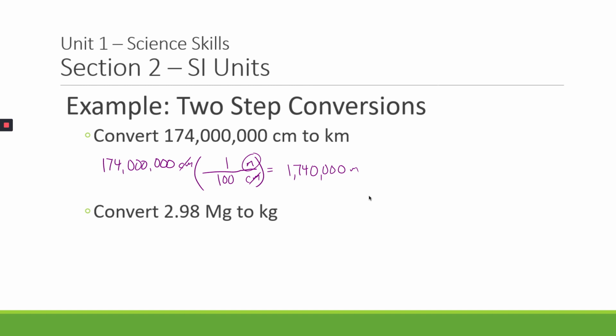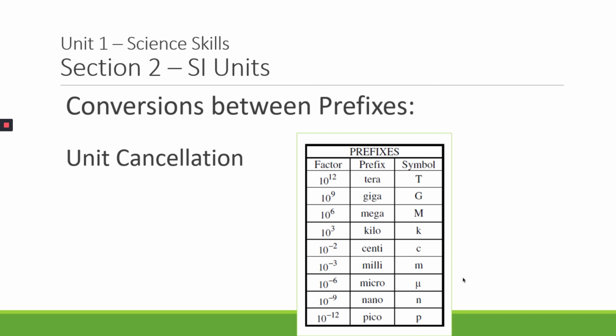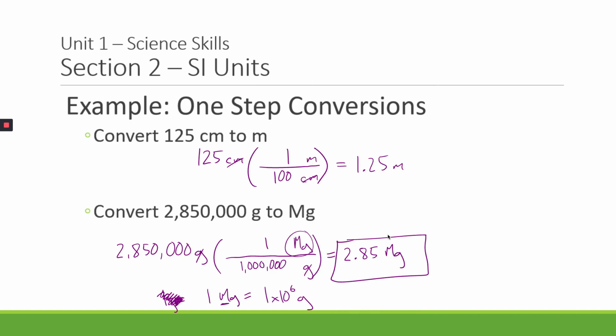I want to find out how many kilometers that is. So again, new open conversion factor. Meters needs to be canceled, so that will go on the bottom. And kilometers is what I need to go into, so that will go on top. All right, how many meters are in a kilometer? Well, I know that, but let's pretend I don't. So we go to your chart. We find the kilo row, and kilo is a 10 to the third.